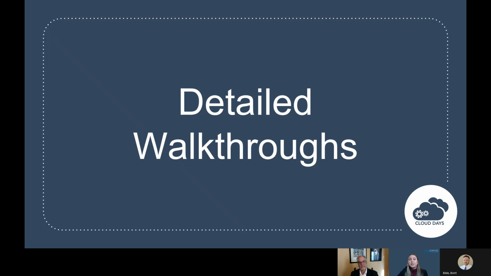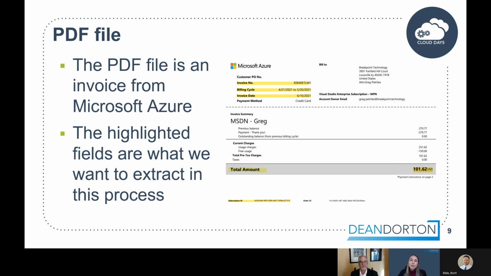So now we're going to review each of the technologies used in this process and look at them closer, but also in a little bit of a more general way. The PDF file I used in this process was, of course, an Azure invoice. And here you can see the general format that these invoices follow.